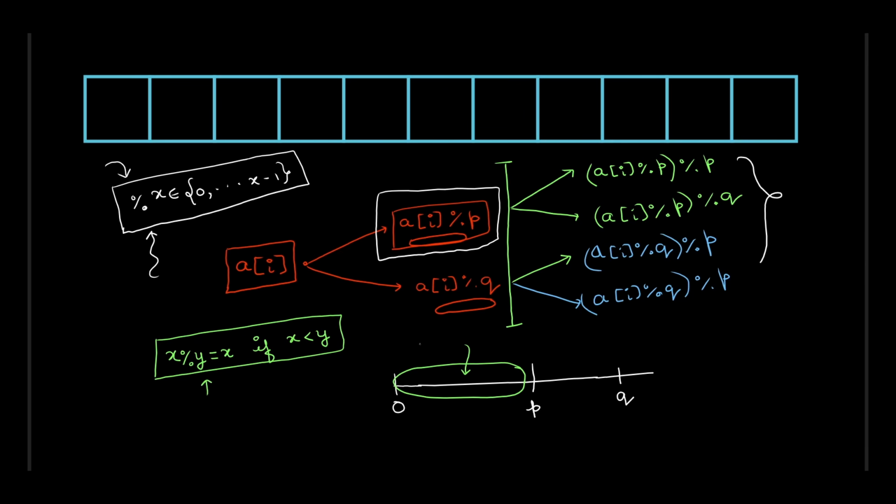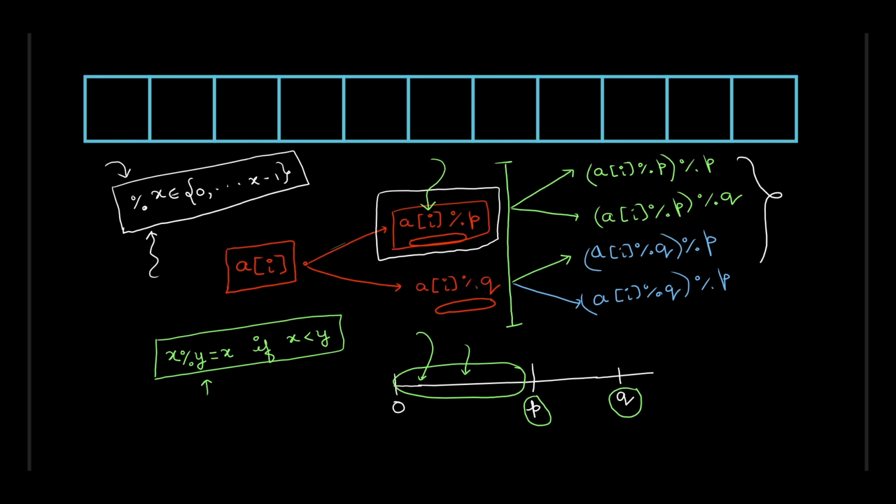This means that once a number lands into this green bucket, no matter how many times you take the modulo, whether it is with P or with Q, the answer will remain the same. This element will not change. So once you have taken the first step towards this Ai modulo P, this is the absorbing state. This cannot change any further.